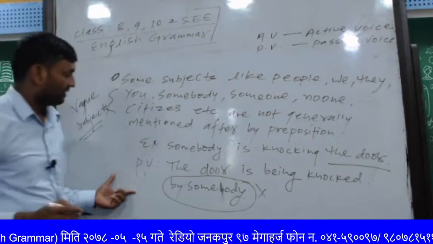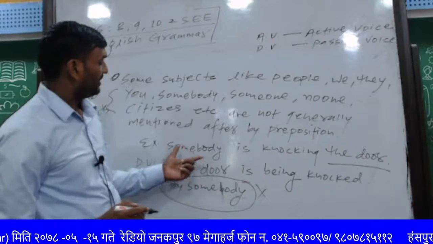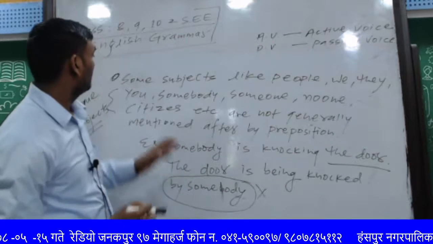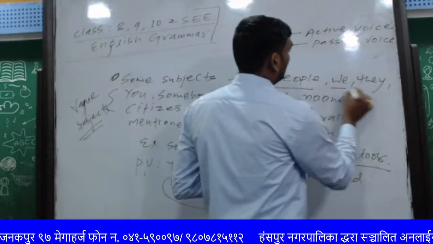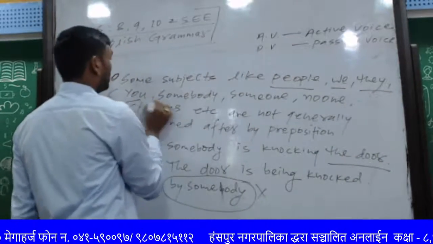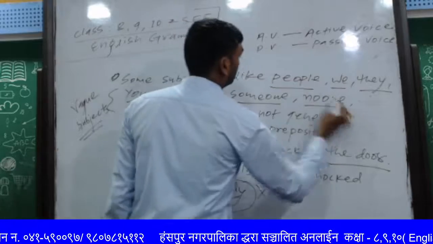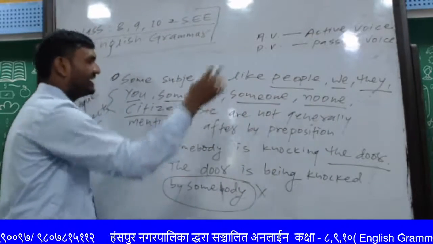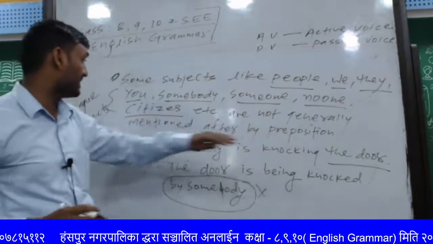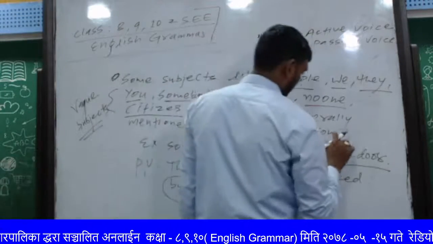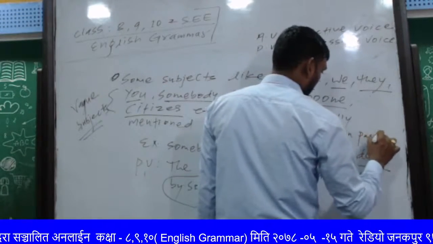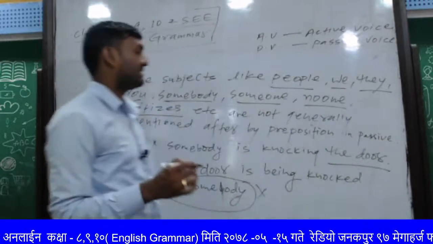So when, in active voice, some subjects such as people, we, they, you, somebody, someone, no one, citizens, etc. are used, they are not generally mentioned after the by preposition in passive voice.